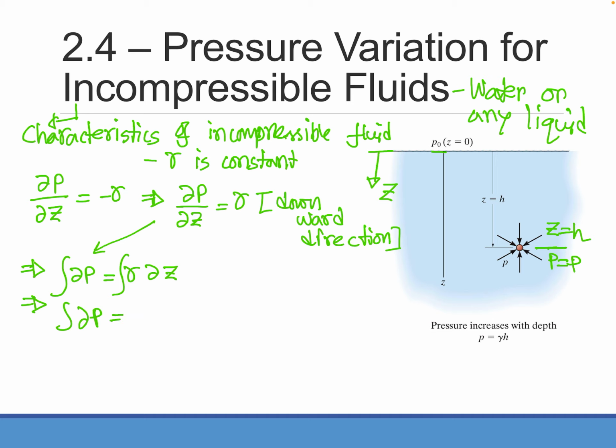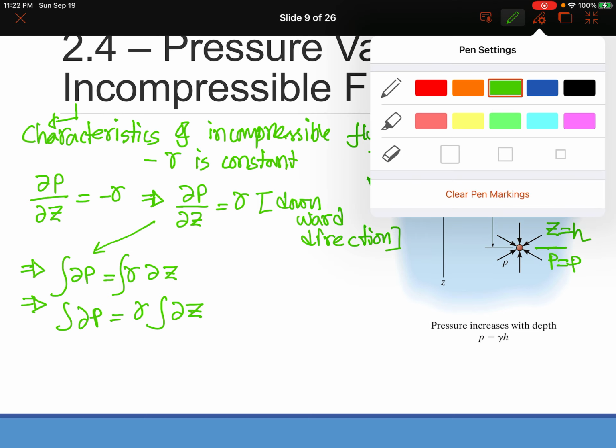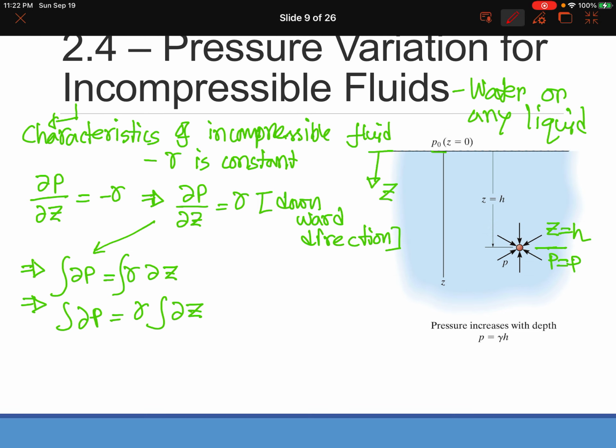Now for incompressible fluid, we already discussed that gamma is constant. If something is constant, from the integration rule, we can say that it should be out of the integration sign here. Okay, now the next thing, the limit.